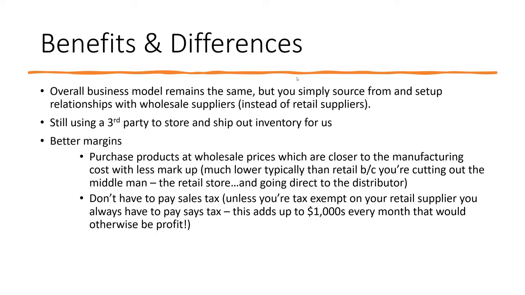So the way that the supply chain works is you have the manufacturer, and then you typically have a wholesale distributor or a wholesale supplier who gets the products from the manufacturer, which then gives them typically to the retailer who marks them up, which then you buy them from and you mark them up, obviously, to dropship to your customer.